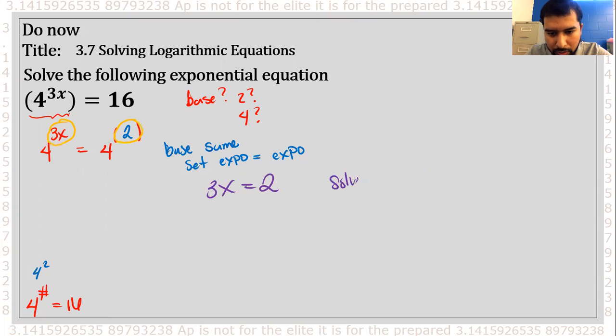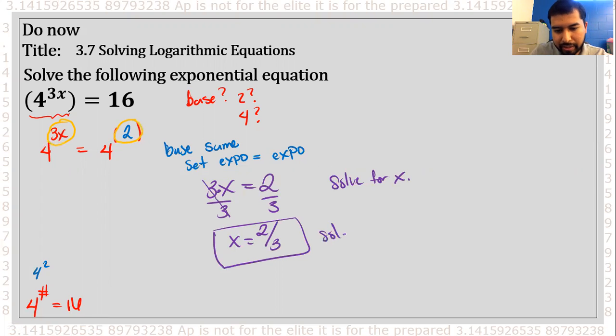We can divide by 3 on both sides to get rid of the multiplication by 3. This is equal to 1, so x is equal to the right-hand side, which is 2/3. So my solution here is 2/3. Then again, you can substitute and see that it does work if you wanted to.